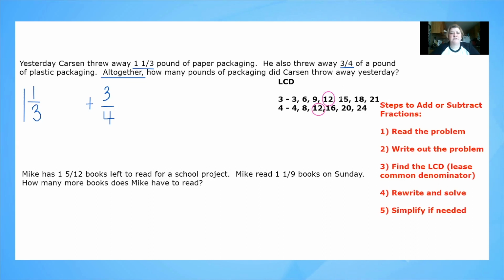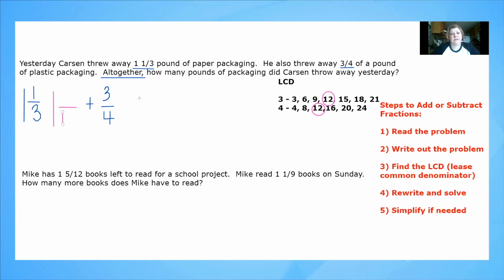We are now going to use that 12 and go to step number 4 and rewrite our problem. So we have to rewrite our problem using 12 as a denominator. My problem is now going to read 1 and something over 12.